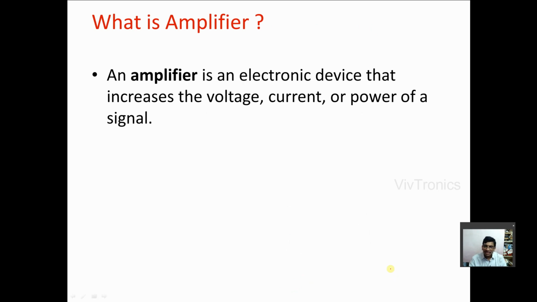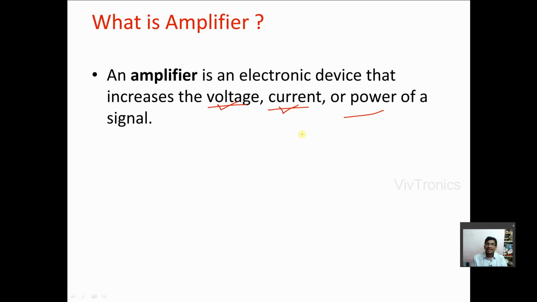An amplifier is an electronic device that increases the voltage, current or power of a signal. If an amplifier is amplifying the voltage only, then that is called a voltage amplifier. If an amplifier is amplifying only current, then that is called a current amplifier.